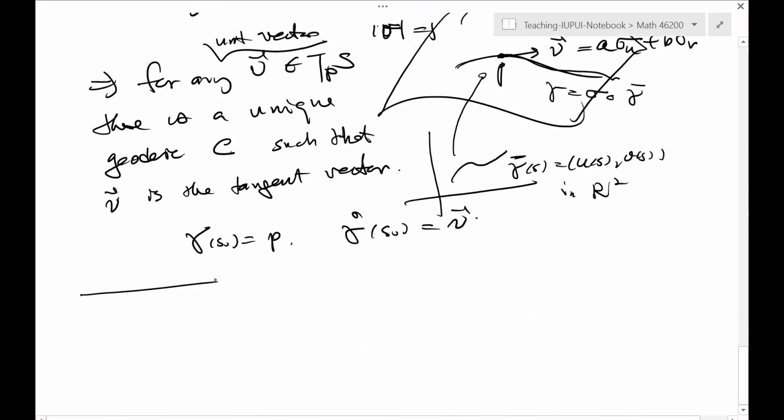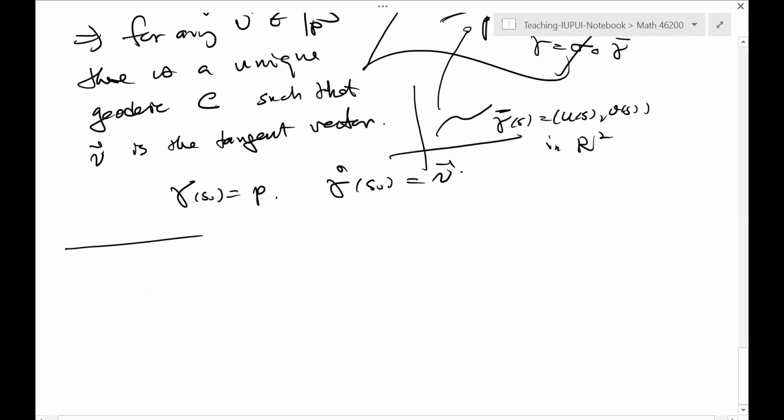Now there are some other formulas that are also interesting.